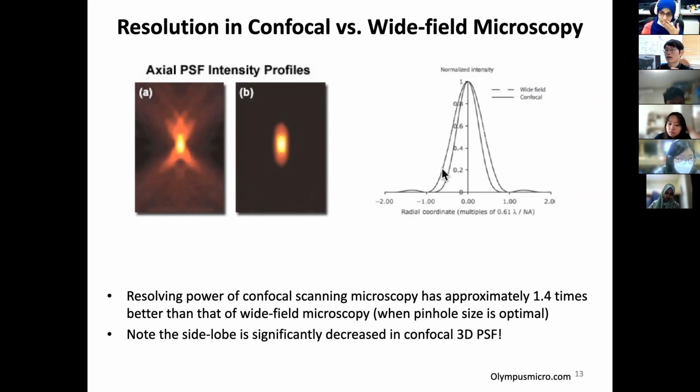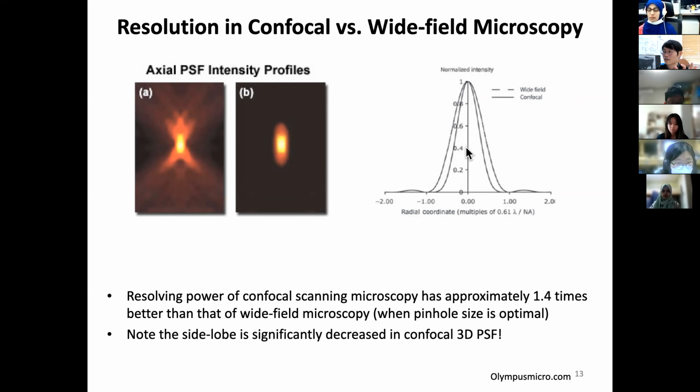But this is not on scale. So I put the actual simulation data of the point spread function profile. You see, guess what? The chubby, thicker one is wide field resolution, while for confocal, you've got to divide by square root 2.